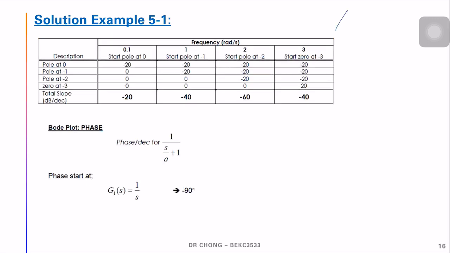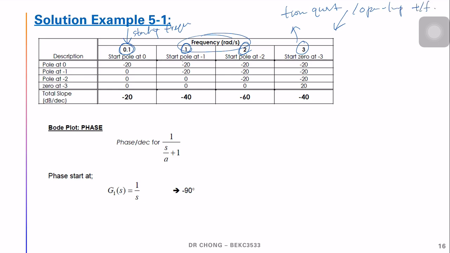I usually suggest to create a table. You start from the first column, which is the frequency. Here is the frequency, so this is the starting frequency. What is the next frequency? These are the break frequencies which you can get from the question, the open loop transfer function.